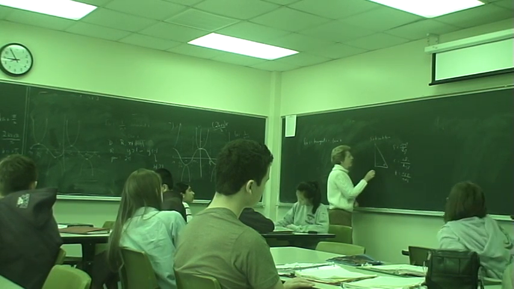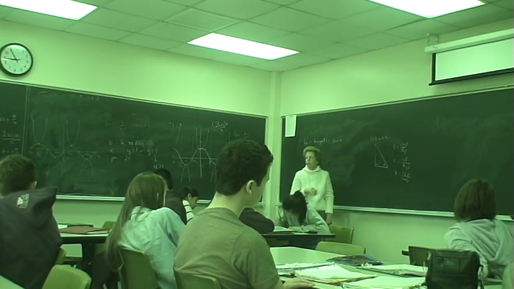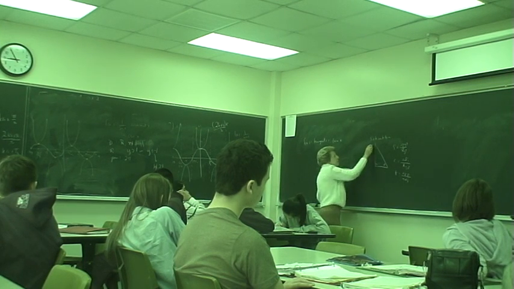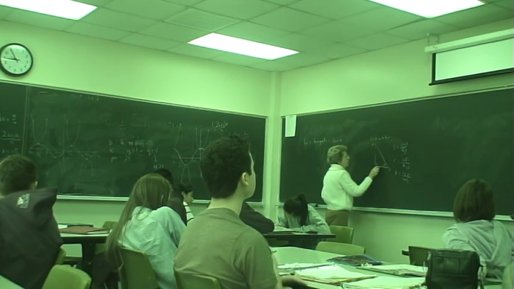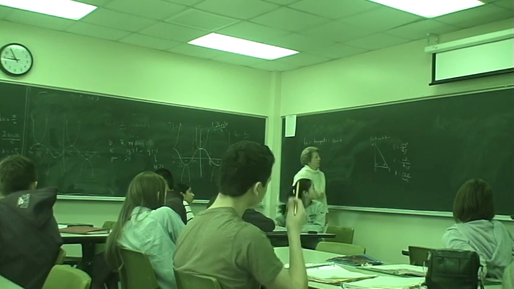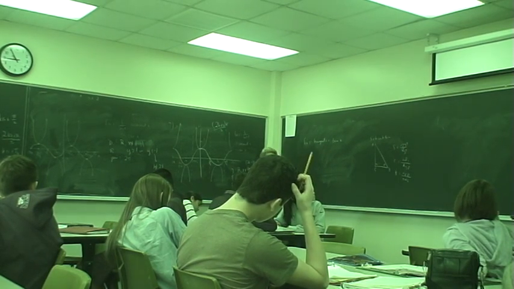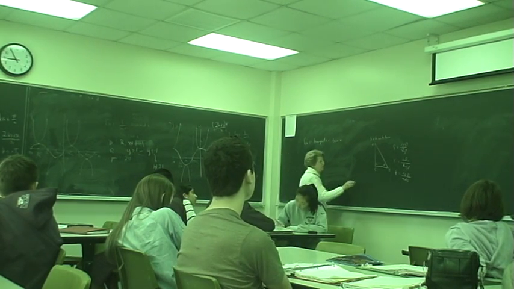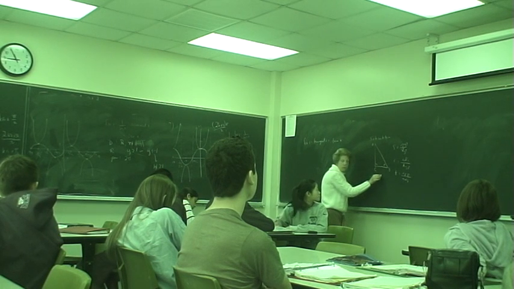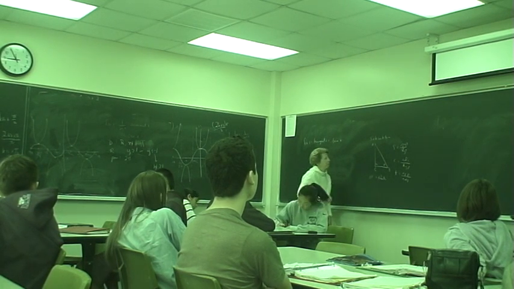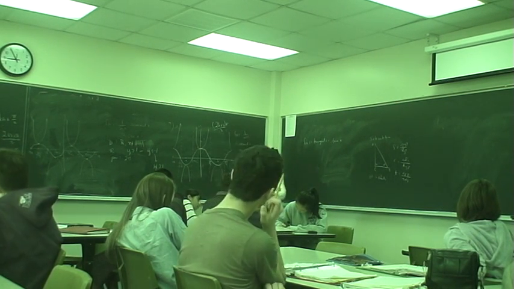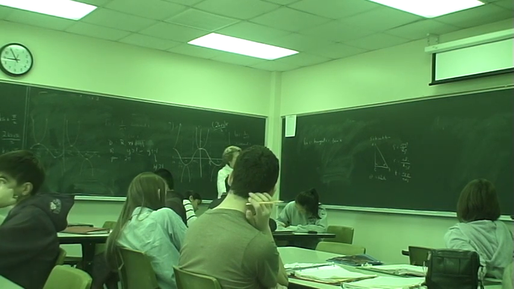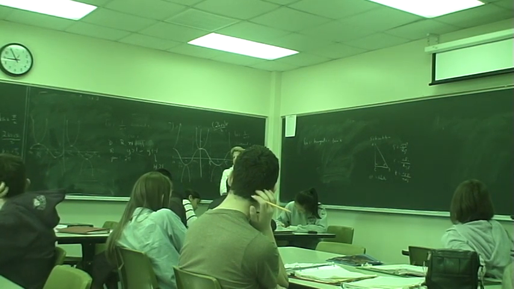So, if this is my angle theta and I'm in a right triangle, and this is A, B, C. Compared with angle theta, you know about this, yeah, this is theta. Okay, so which side is adjacent to theta?